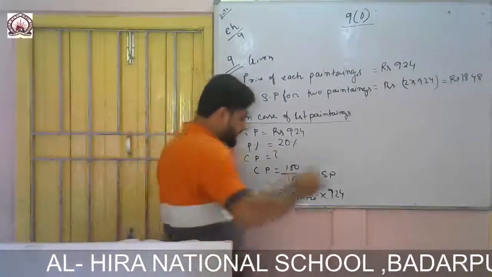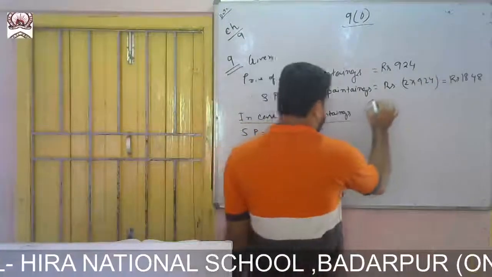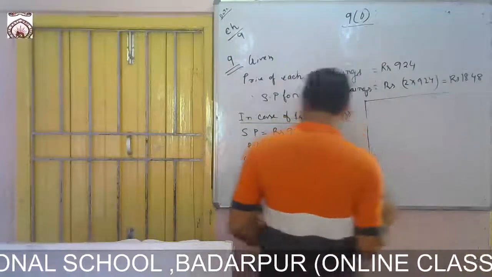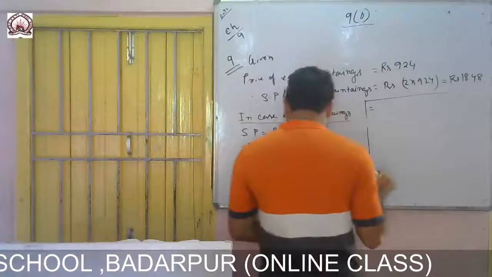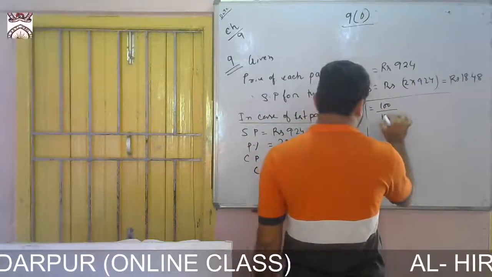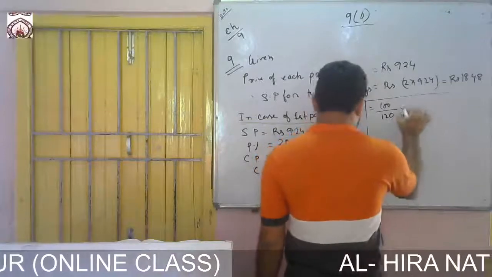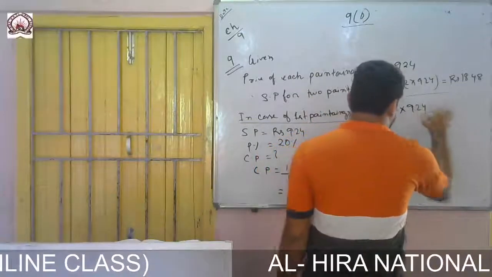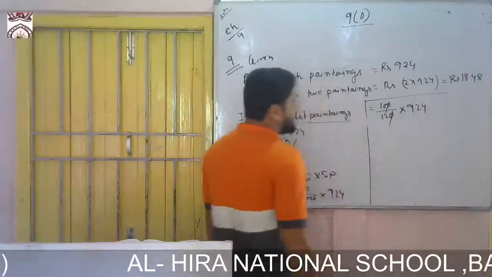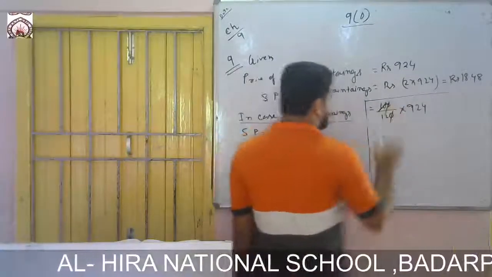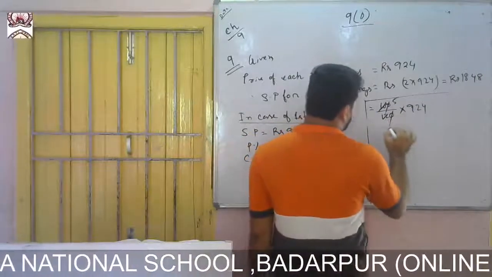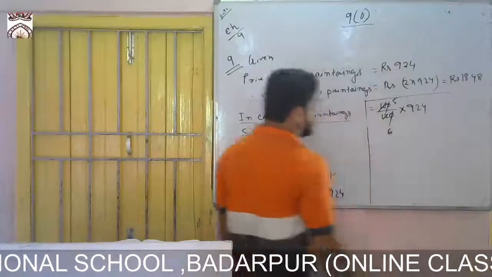So now come on that side. 100 by 100 plus 20, it is 120, into 924. So 0 and 0 cancel. If I cancel with 2, then 2 5s are 10, and 2 6s are 12.